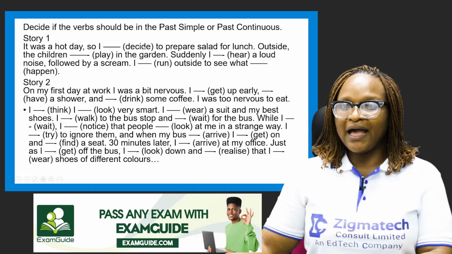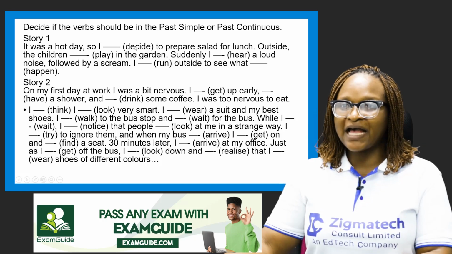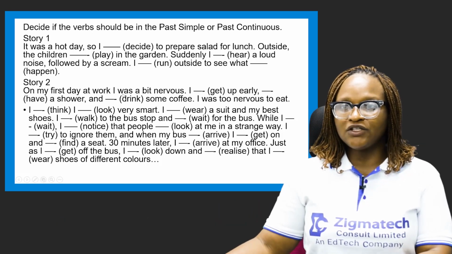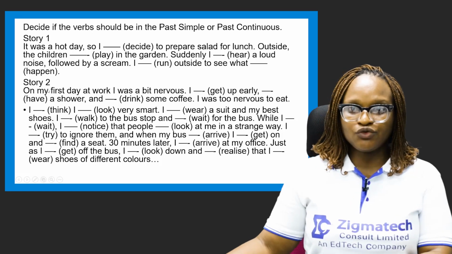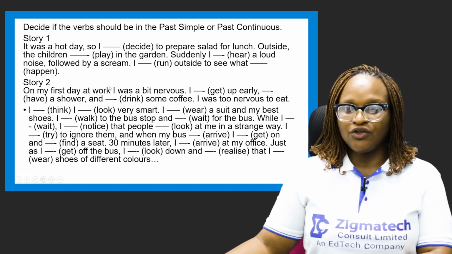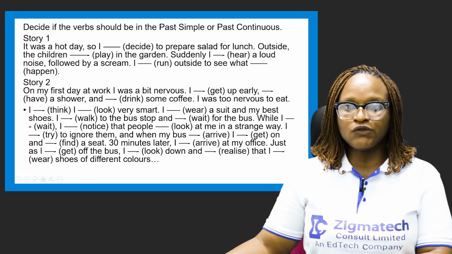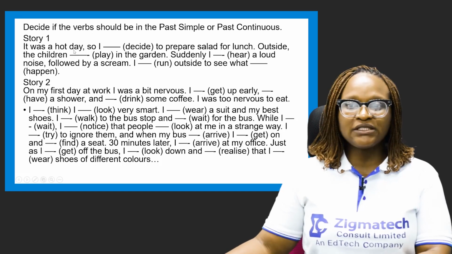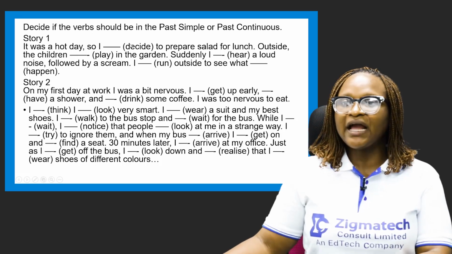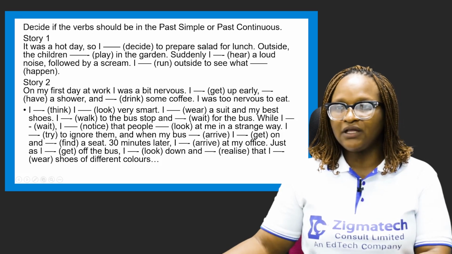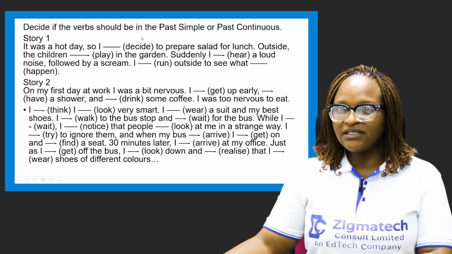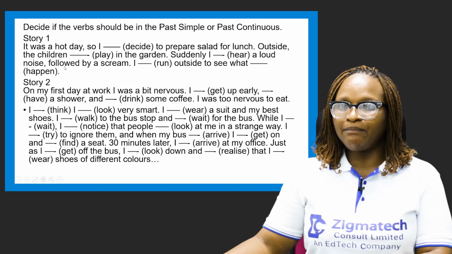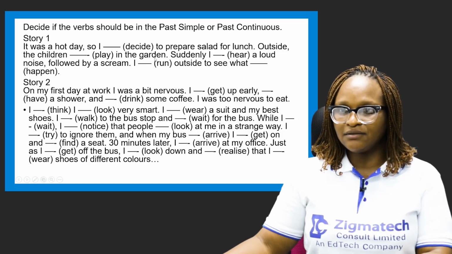Will it be I decided or I was deciding? For me, I will read the story, then you will do story 2. Let me do story 1. You try your hands on story 2. It says, it was a hot day, so I decided to prepare salad for lunch. Outside, the children were playing in the garden.